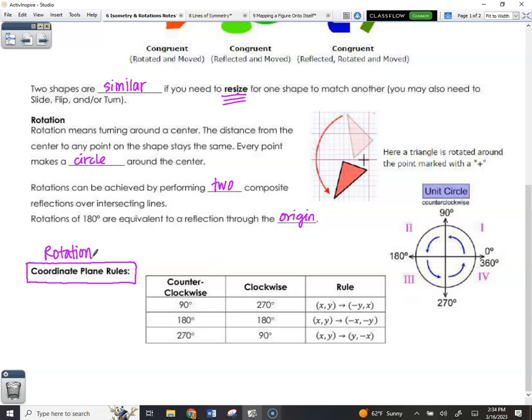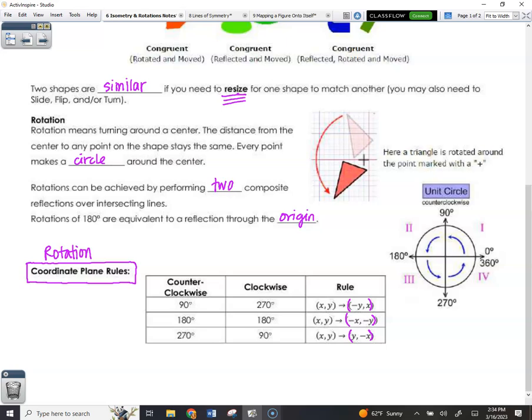Remember, in the rules, the only part that really matters is what comes after the parentheses, right? The part in the front is just saying, hey, take your X and Y's and do this. So what comes after that arrow is where you actually see the rule. Now during the test tomorrow, I'm going to give you the rules. You have to know how to apply them. Okay? You with me? Yeah. All right.